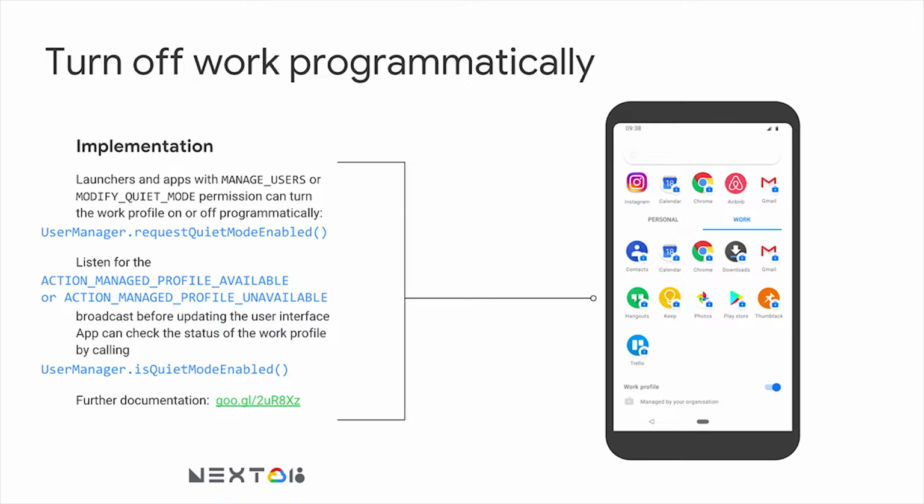When that action is initiated, a couple of broadcasts go out to the system saying the work profile is now available or not available. Launchers can use that to change the colors of icons and mark apps as disabled. Any application can query whether work mode is enabled by calling that API, is quiet mode enabled. There's further documentation at that short link if anyone wants to go into more detail.